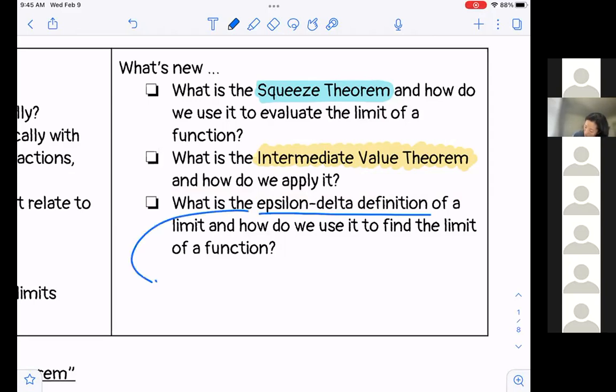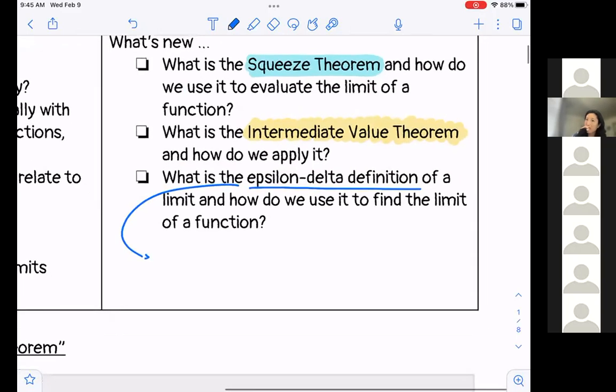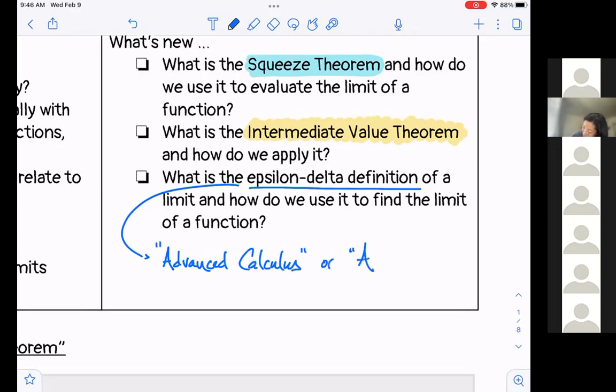And so for those of you who are maybe thinking about taking upper level math classes once you transfer to a four-year institution, you might see this under the name advanced calculus, or sometimes folks call it analysis. Okay.